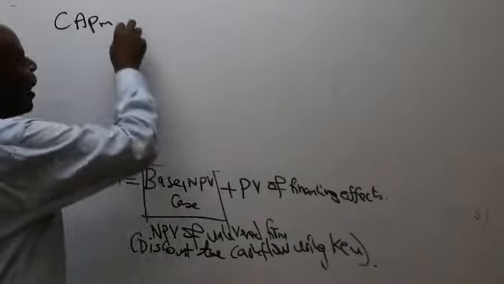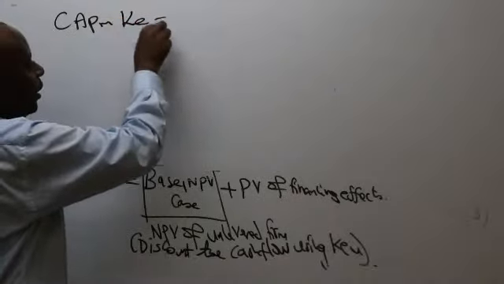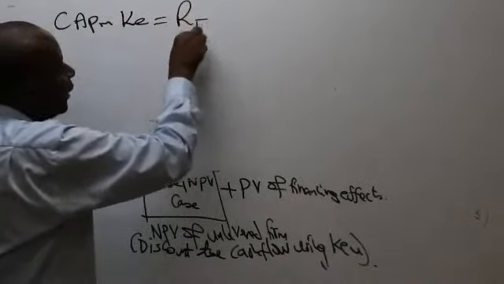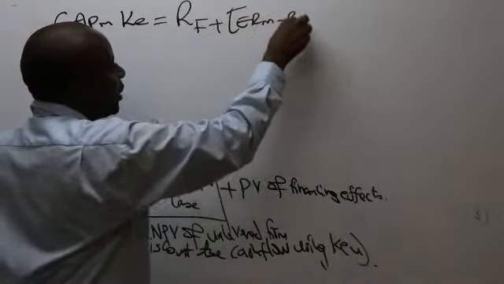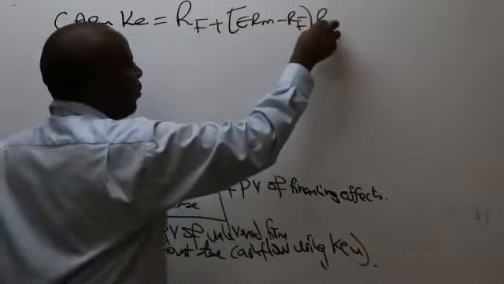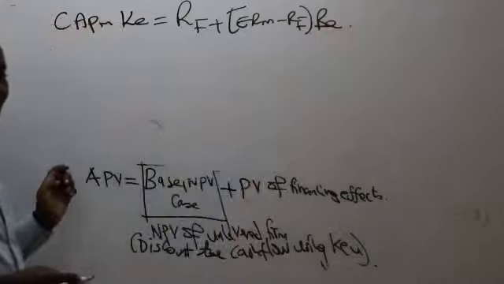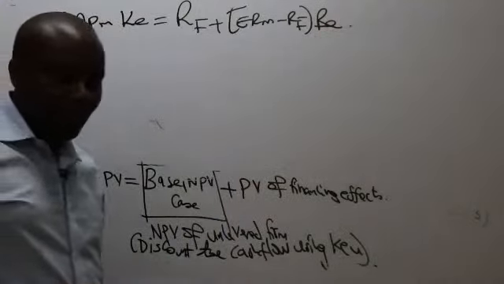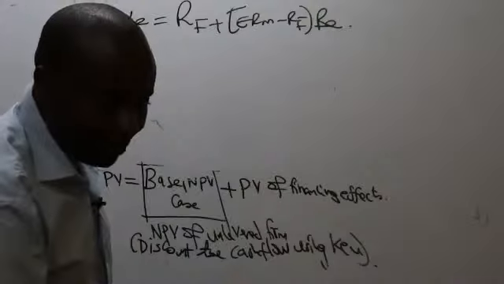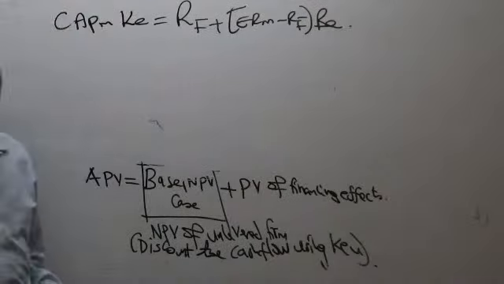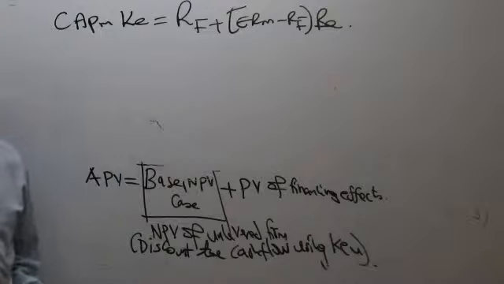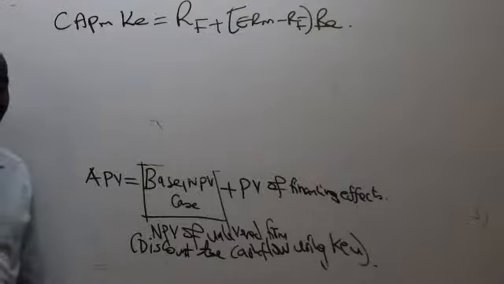So our CAPM cost of equity will always be obtained by taking risk-free plus ERM minus risk-free multiplied by beta what here, somebody? Multiplied by beta equity.